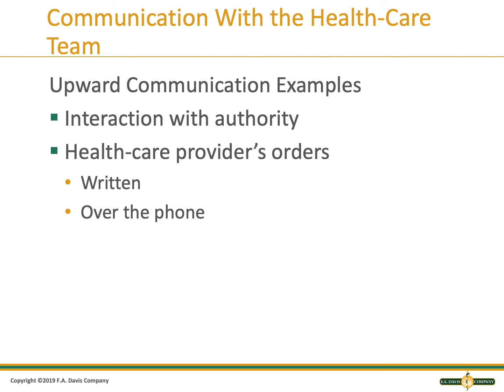But it's patient's first and last name, the date the order was received, the time the order was received, what needs to be done, when it should be done, an indication whether the order is a telephone order or a verbal order.